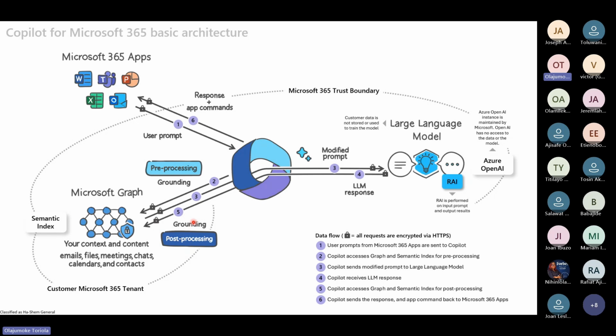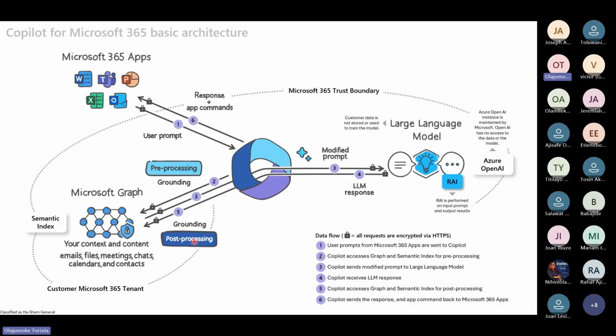So you can see that the first grounding it did, when it first got the message, was a pre-processing.